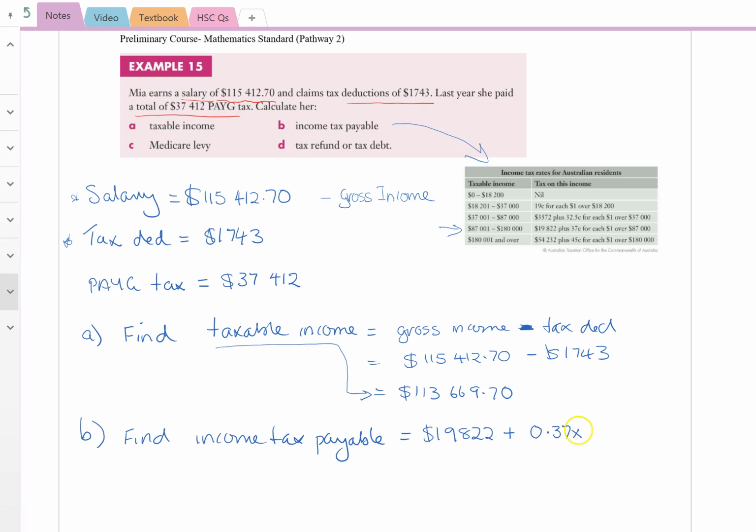For each, we were going to write a multiplication sign. Every dollar she earns, well, how many dollars does she earn? She earns this 113,669.70 over 87.